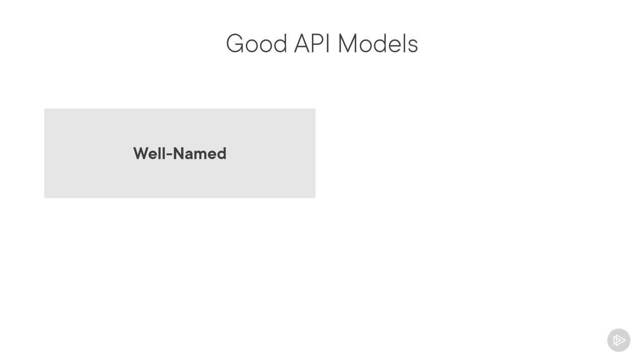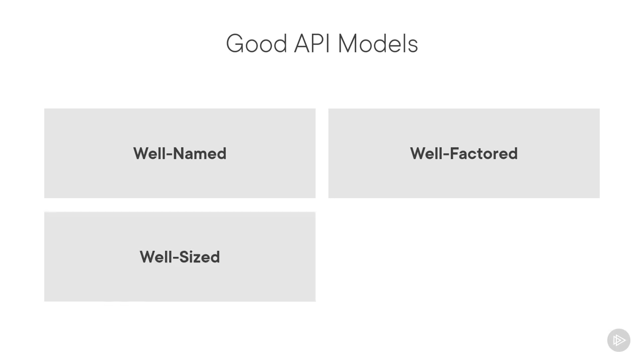Second, your API models should be well factored. That is, each representation should be separated from others such that they are cohesive and as loosely coupled as possible. The resulting models should be well sized. Strive to include the right amount of information in each model. Obviously, this will vary depending on your domain, your clients, and a host of other factors, so it does require some thought.